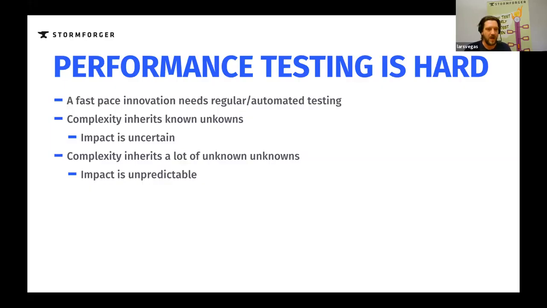But with the complexity I was talking about in the very beginning, it inherits a lot of unknowns. That means the impact of what can happen is simply unpredictable. And this is bad, especially in an organization which is fast moving, has several deployments in a short term, uses the cloud, uses different services from cloud providers, or just has a complex ecosystem at all.